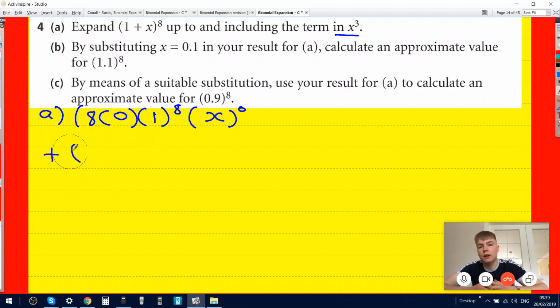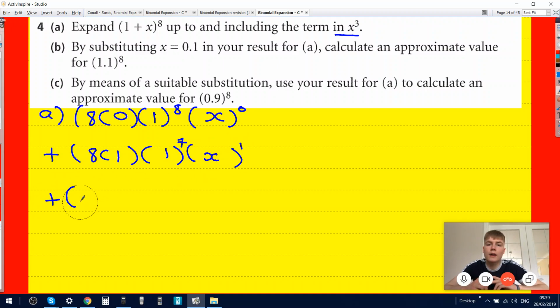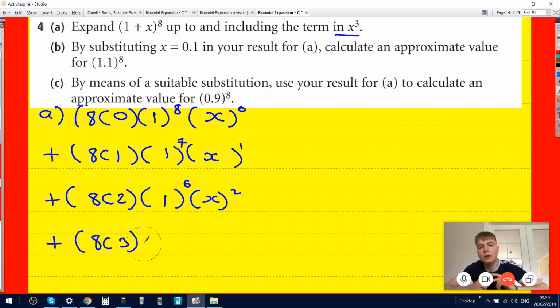And then the next line is 8C1. And you can go down if you want. 1 to the power 7. X to the power 1. 8C2 and 1 to the power 6, x squared. 8C3 and 1 to the 5, x cubed.